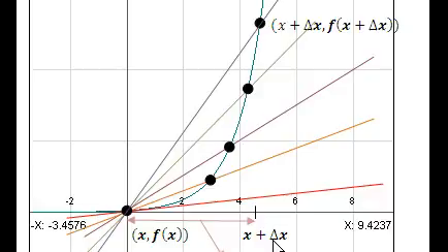Delta really means difference in x, but just think of it as we're here at x, and then we're going to add some number to it, so maybe 4.5 or something.